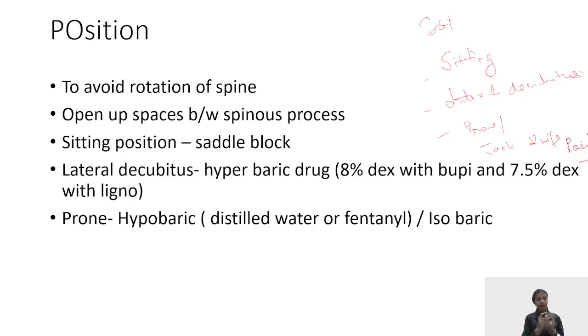Now, the second importance. There is one kind of block known as the saddle block, which is nothing but spinal anesthesia given at a very low level, L4 to L5 or L5 S1. After that, the patient is allowed to sit for 8 minutes such that the drug settles via gravity to the lower areas only, that is the saddle block. We are going to target only the sacral plexus S2, S3, S4, which is generally for perineal surgeries.